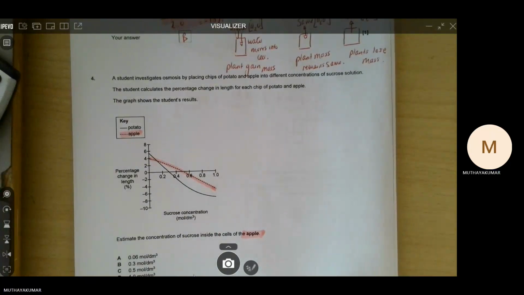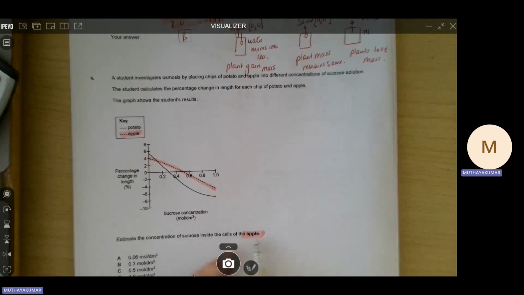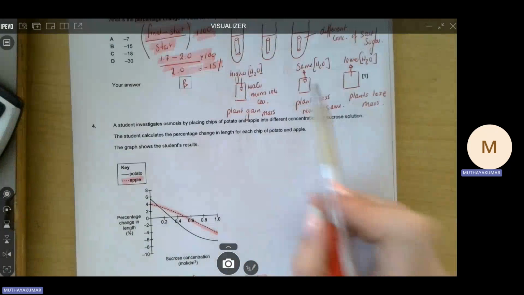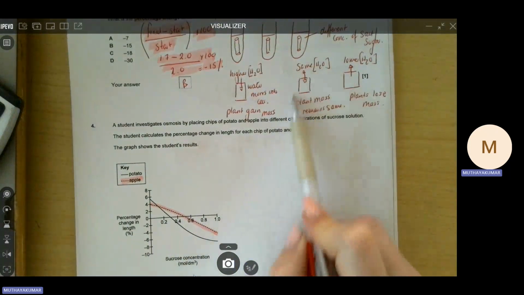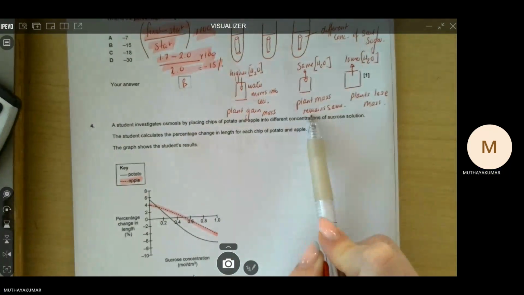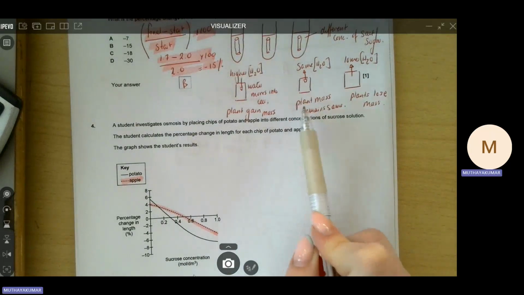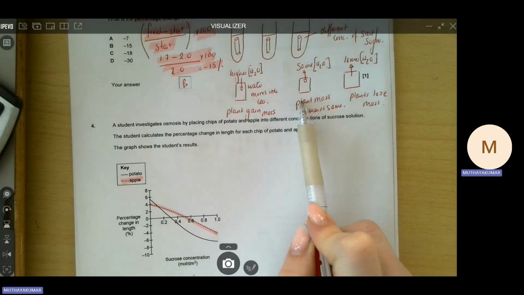All right. Now here, the concentration of the sucrose inside the cells of the apple, okay, you're going to look for where your plant does not change in size, because that indicates that the concentration of the sucrose was equal outside as well as inside.